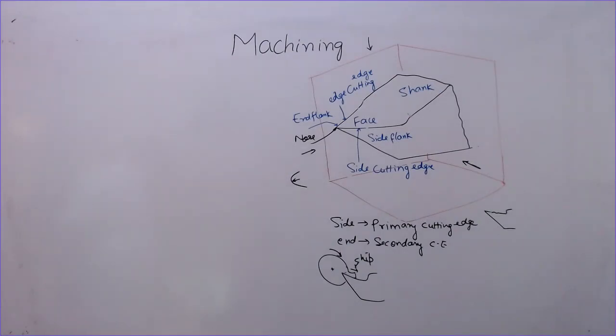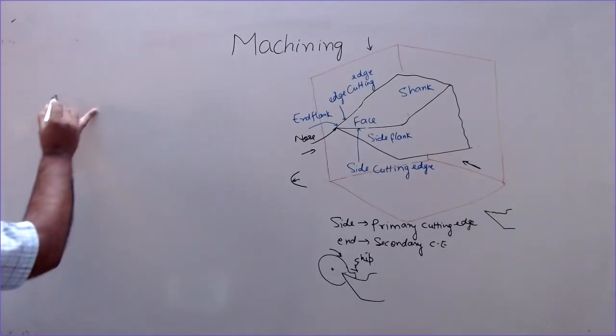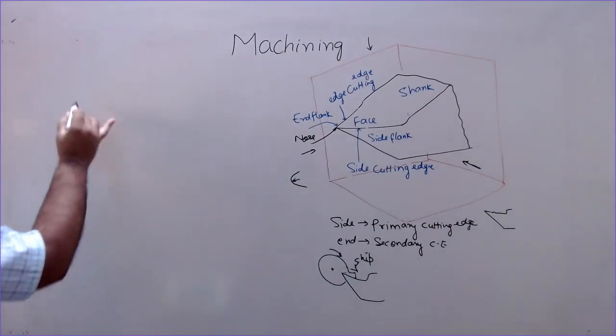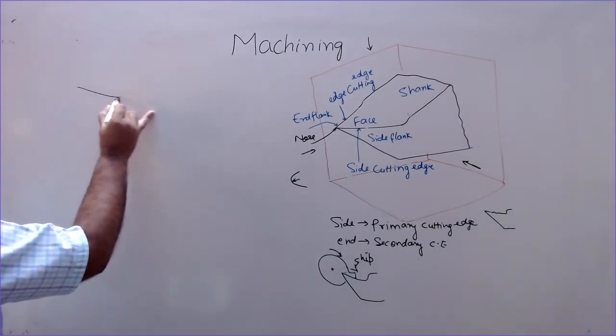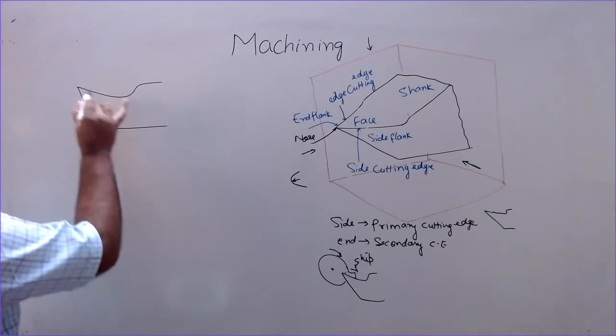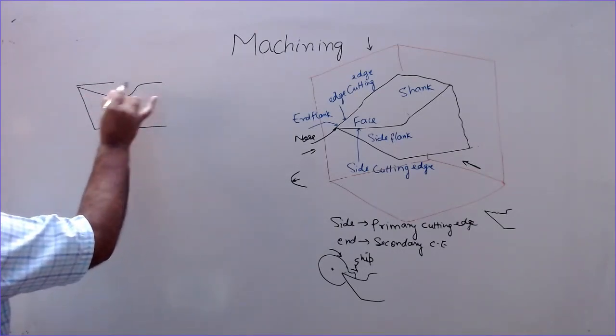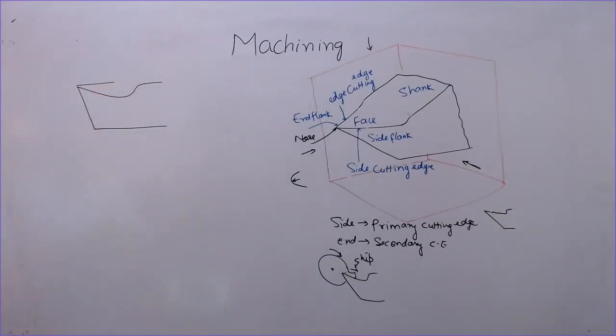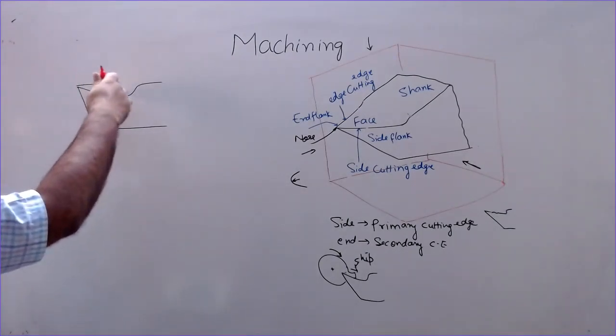Now let us discuss the geometry of the tool by making the top, front and side views. First of all, view from this side. If you call this the front view, I am drawing this. This is the horizontal plane, and the inclination of this plane from this is the rake surface.